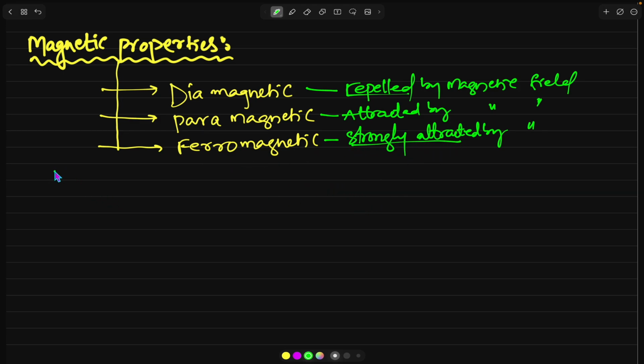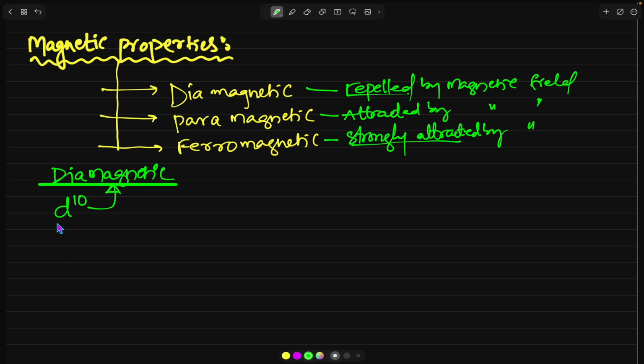So first we will talk about diamagnetic compounds. In terms of d-block elements, the compounds with the d10 configuration are diamagnetic. Compounds of d10 configuration are diamagnetic in nature.